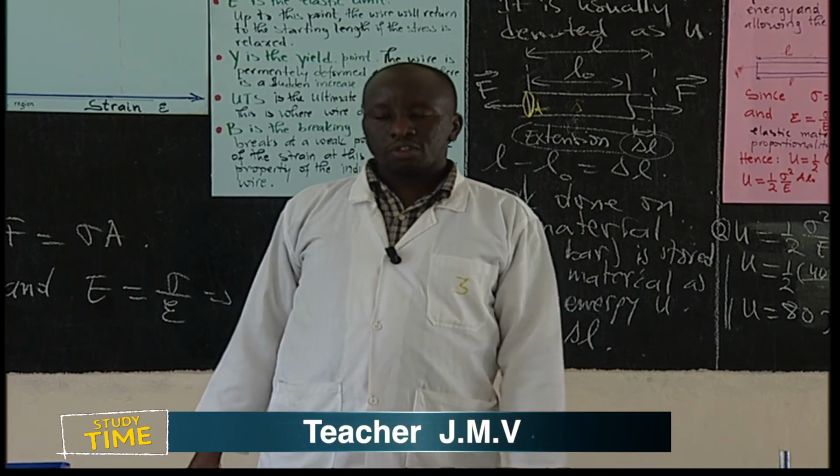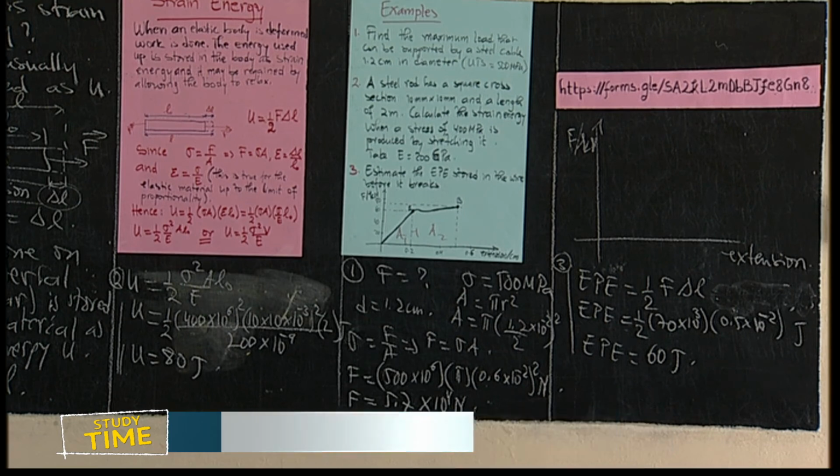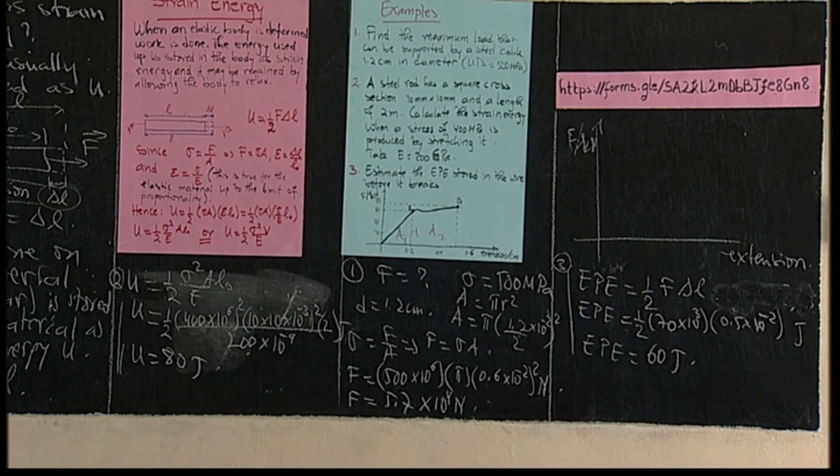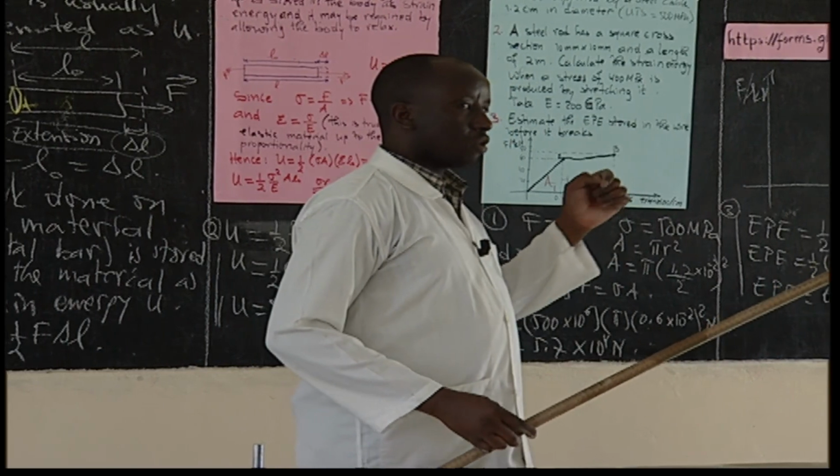The application of this is in the analysis of the load that may be exerted on a structure or on materials, like in civil engineering, when you are constructing houses and bridges, you are sure the load that will be exerted on this bar is not going to destroy it, okay?